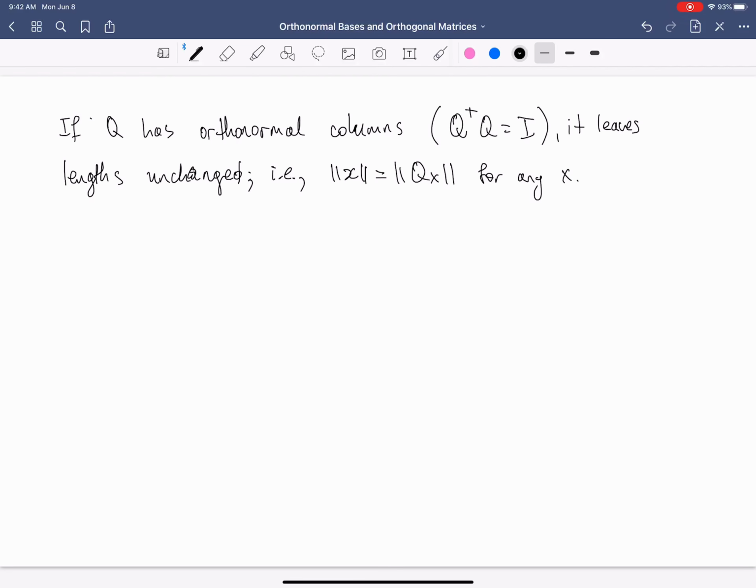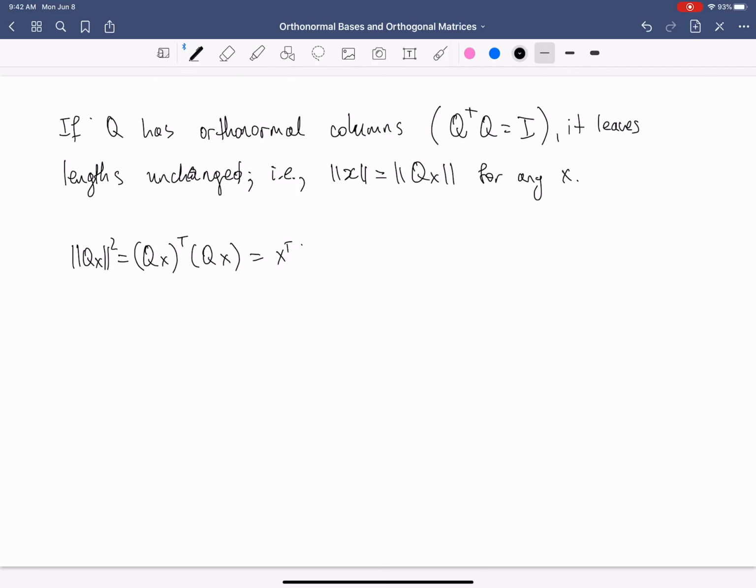How to prove this? The way to show it is, let's look at QX transpose times QX. This is simply the norm squared. It's just easier to look at the square. If I have the same conclusion with the squares, then I can make it without the square, so it doesn't matter whether we prove the norm squared or just the norm. So let's apply this transpose.